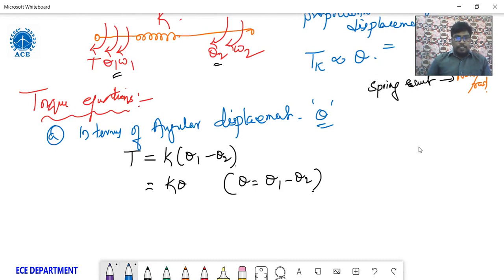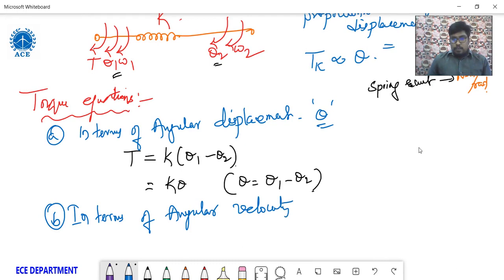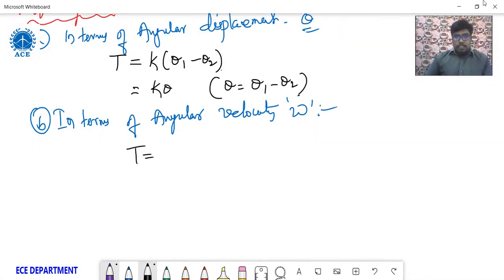Now the second term, the torque equation in terms of angular velocity omega. See here, torque T is equal to k theta. Angular displacement, d by dt of angular displacement, we know is angular velocity.